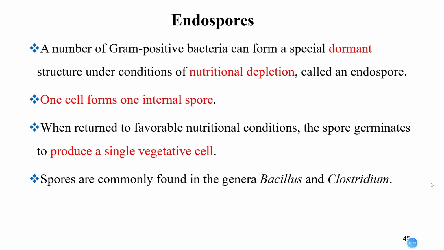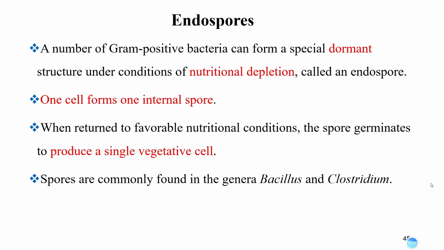And the other property is that one cell can form only one endospore. So the endospore is not a real spore like in fungi. It's only a dormant form of the cell. So they just become dormant or rest for a long time. But one cell can form only one endospore.